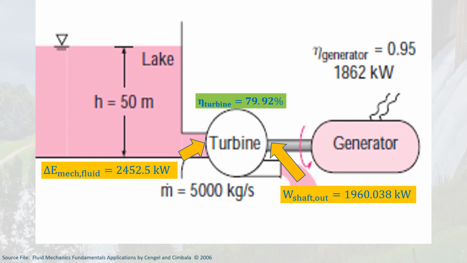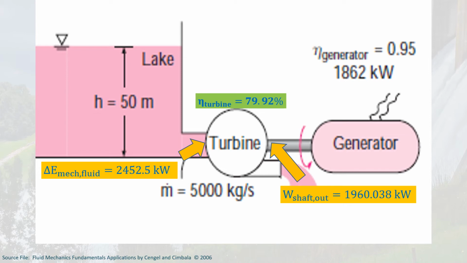That is the power delivered by the shaft of the turbine to the generator. And since the generator is not perfect, it will also reduce around 5% from this 1960 in order to finally produce the 1862 kilowatt. So that is the relationship between those quantities that we calculated in that particular example.